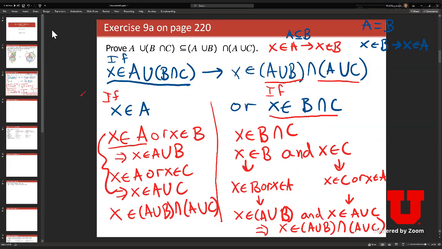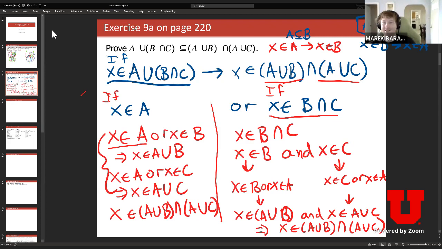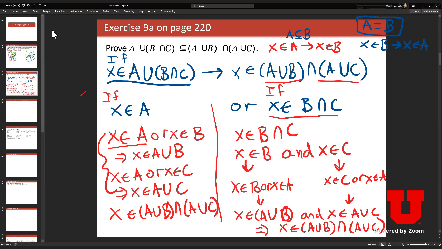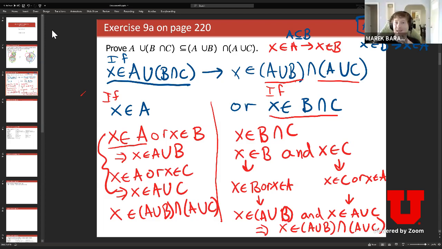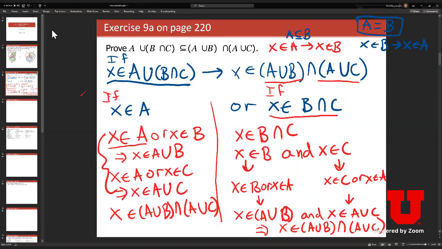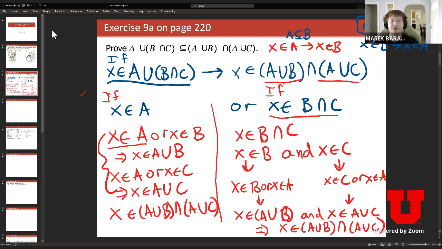Yeah, kind of. The blue isn't the best color, but if you're showing equality using element-wise, you have to show both ways. And that shows that A is a subset of B and B is a subset of A, which means that they're equal to each other. Question: do you have to prove both ways? We only have to do one way because this is just containment. Good question.